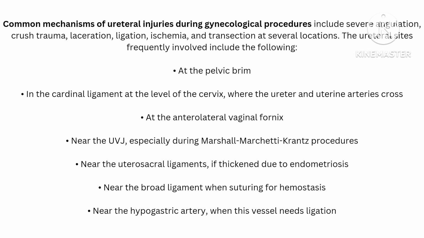The type of procedure that most frequently causes inadvertent ureteral injury is a hysterectomy, 54%, due to the proximity of the uterine artery to the distal ureter. Each ureter is typically only about 2 centimeters from the cervix, but the distance can be shorter than 0.5 centimeters in 12% of women.